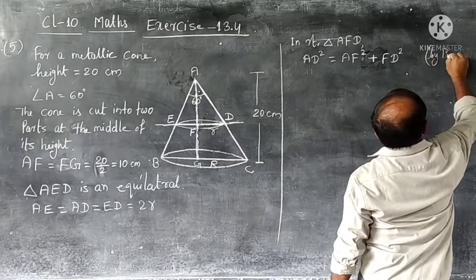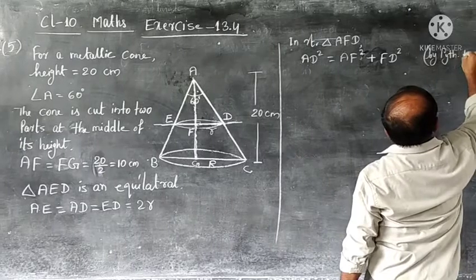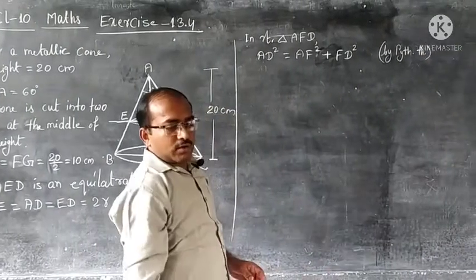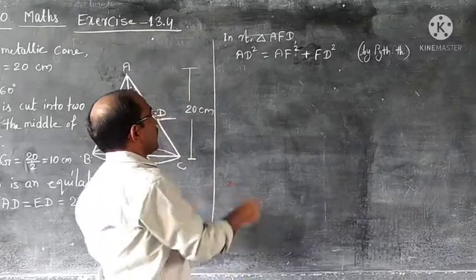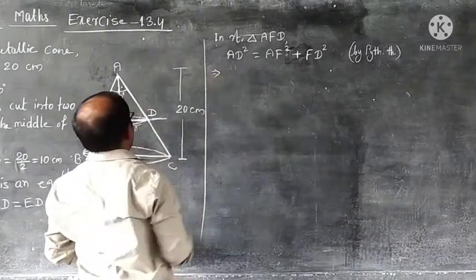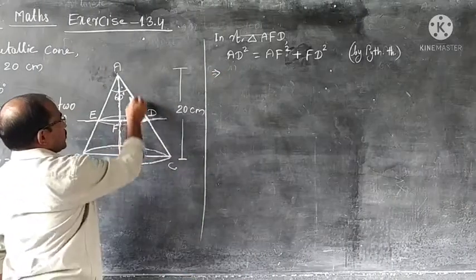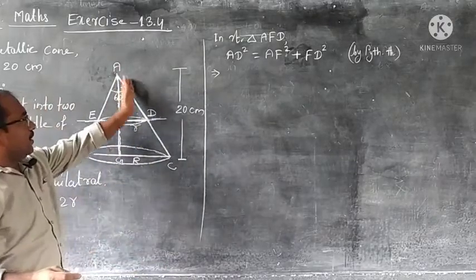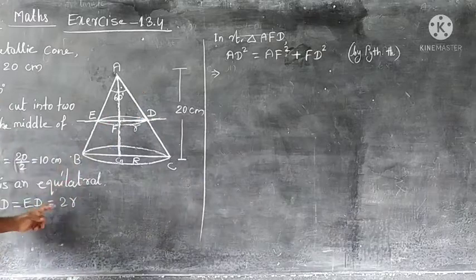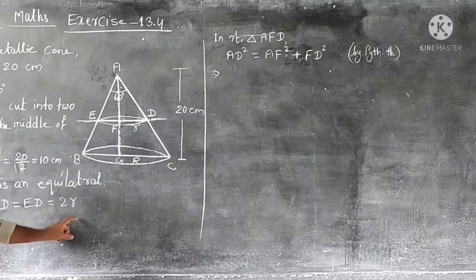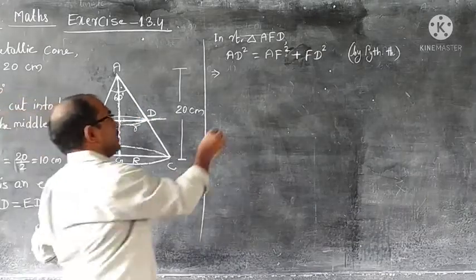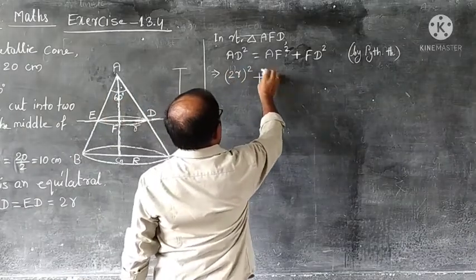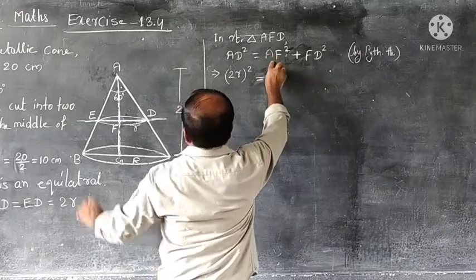By the Pythagoras theorem we have used this property: in a right triangle, the sum of the squares of the other two sides is equal to the square of the hypotenuse. So how much is AD? I hope you know all three sides of the triangle are equal, so 2r, 2r, 2r. So AD is 2r. 2r square, plus equal to... AF is how much?